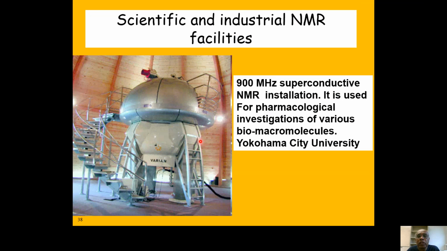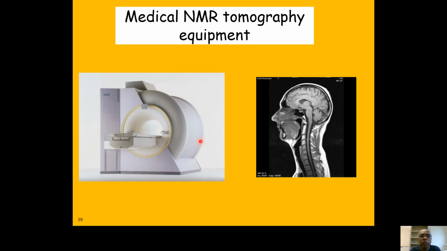In scientific and industrial NMR facilities, people are thinking about using these high TC superconductors, especially for pharmacological investigations of various biomacromolecules. These have already been well thought about at Yokohama City University. These can also be easily used in medical NMR, nuclear magnetic resonance tomography equipment, to make medical images.